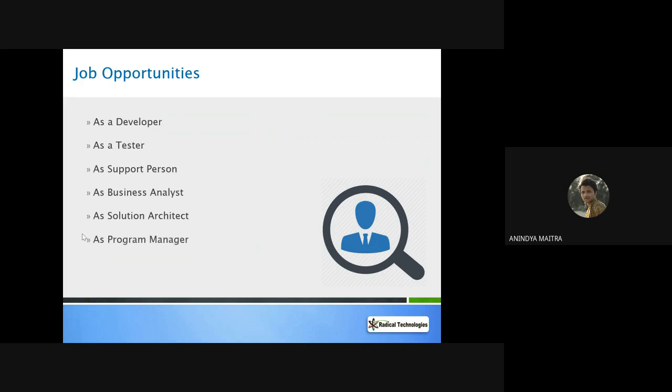The program manager is the manager of the RPA team, I would say. They manage everything: the benefit calculation, client management, and so on. Usually, in some organizations, these two roles, business analyst and manager, are merged. The same person plays both roles. That happens because in RPA, apart from development, we also have to do some benefit calculation, like ROI calculation. ROI means return on investment.